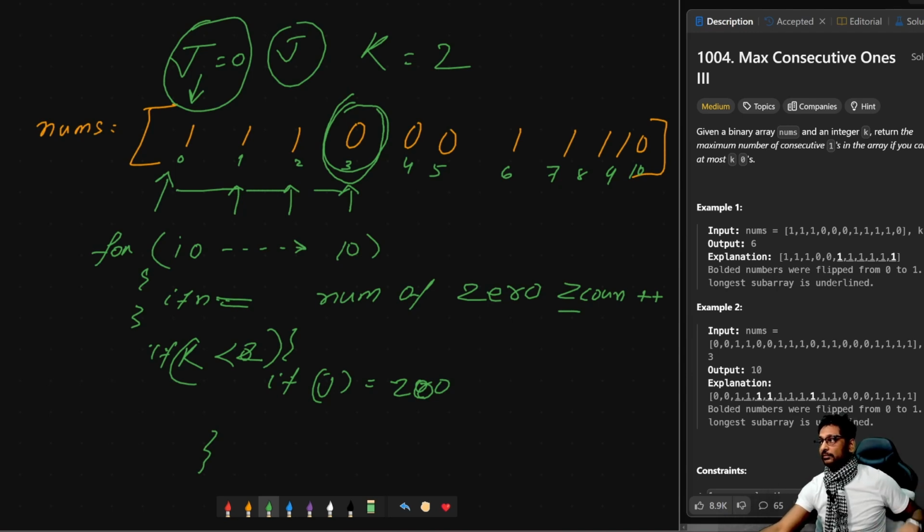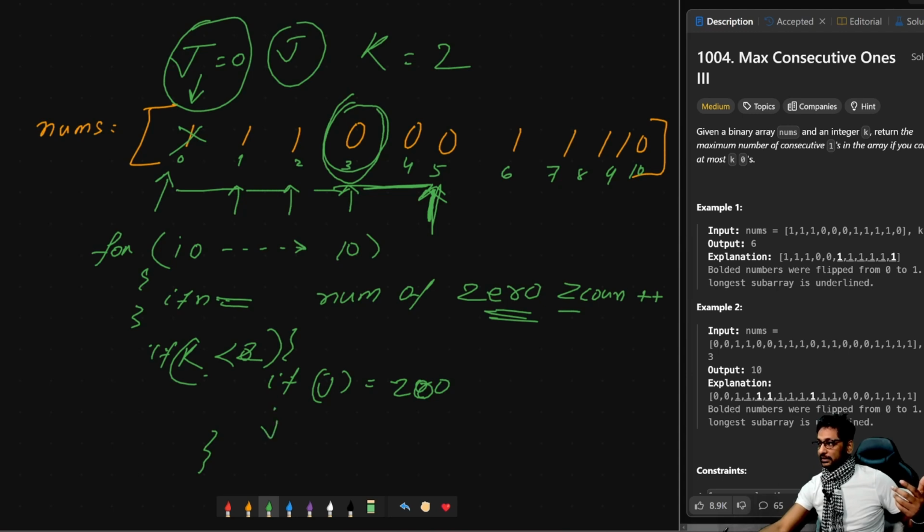Our k will become larger when it goes to index 5, right? Our k will become less than the 0 count for index 5, and at that time we consider our j pointer. Do we have another 0 before? No, we're not going to find it.